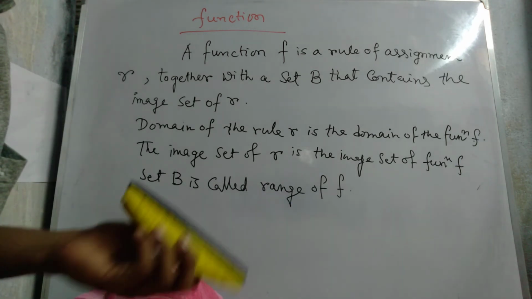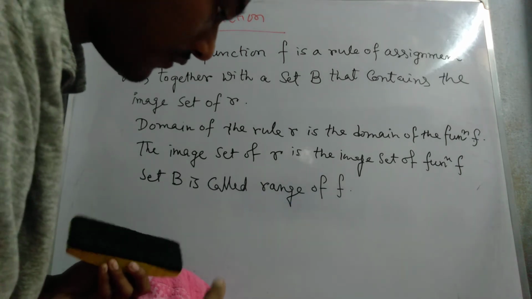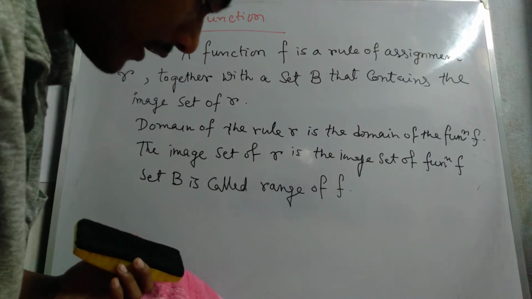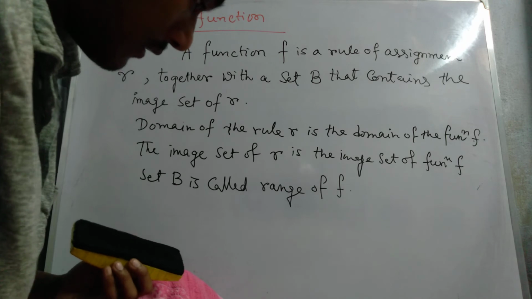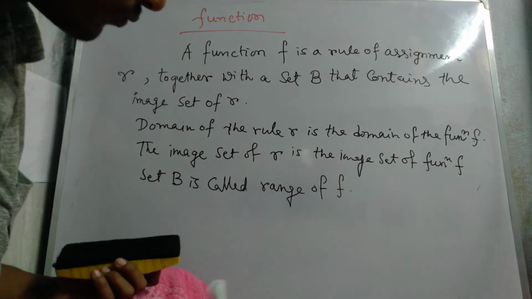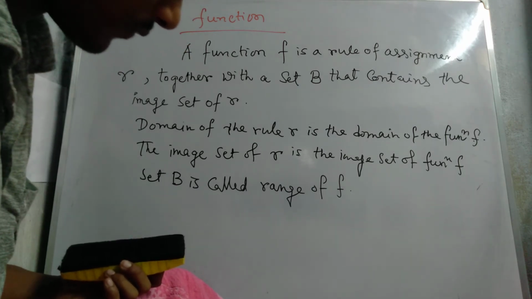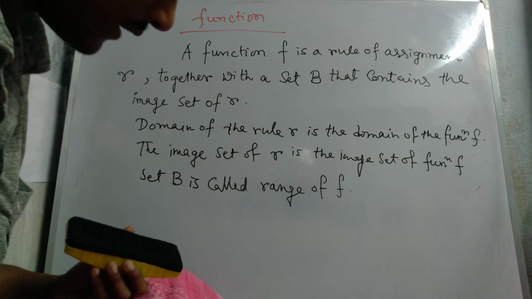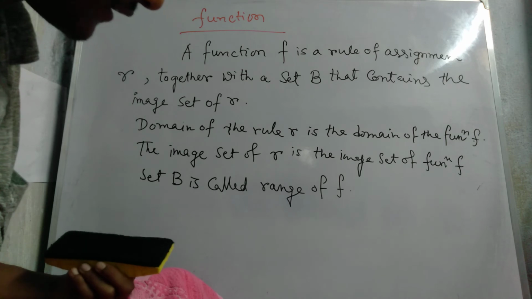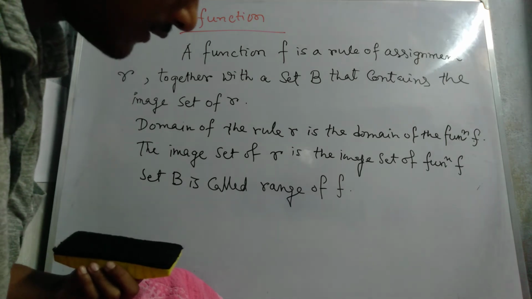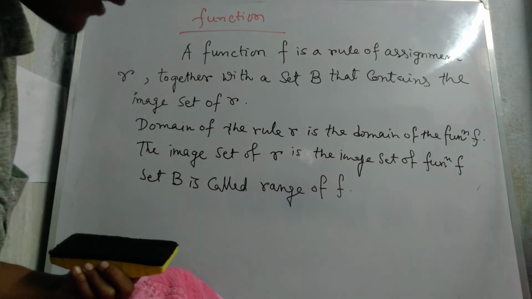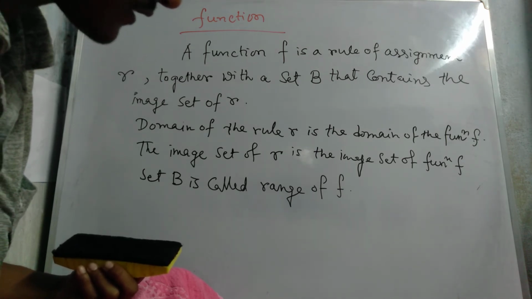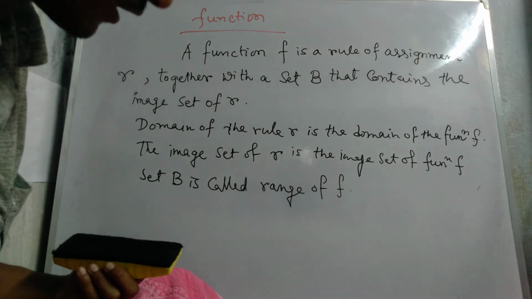Now we define it also in another way. For a function f from A to B, if a is an element of A, then we denote by f(a) the unique element of B that the rule determined is assigned to a, and it is called the value of f at a, and sometimes the image of a under f.